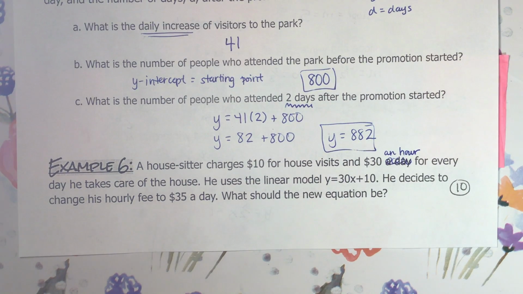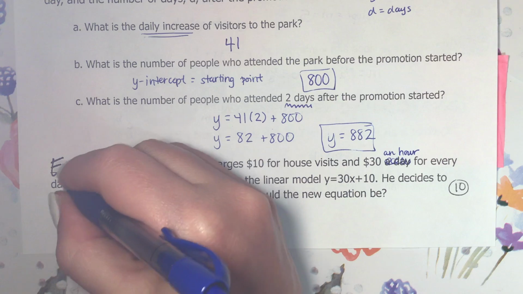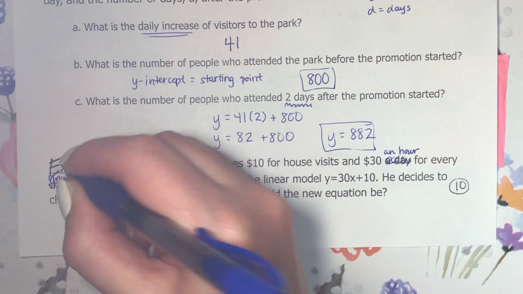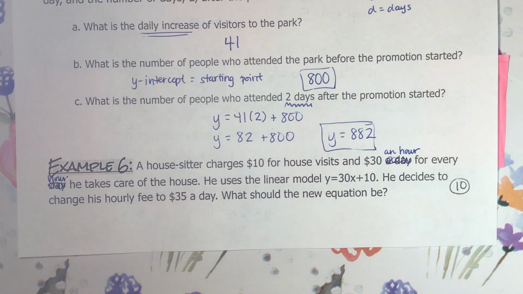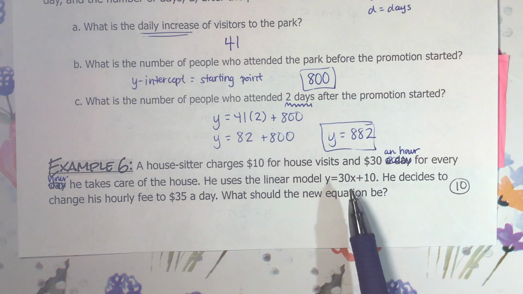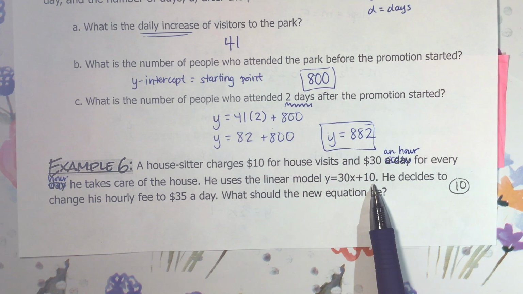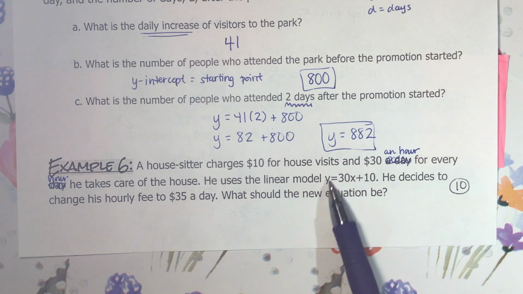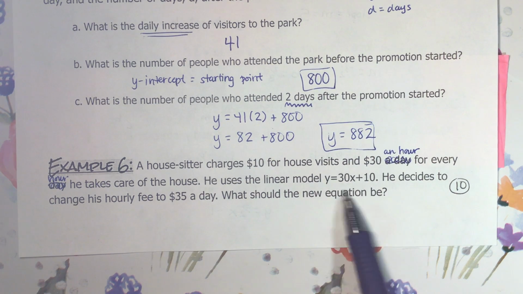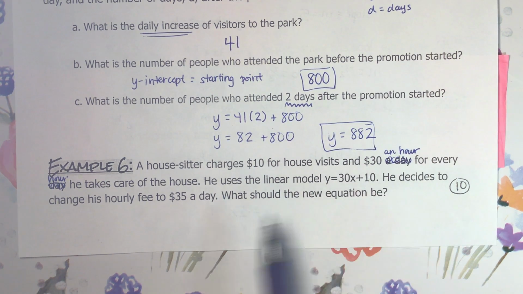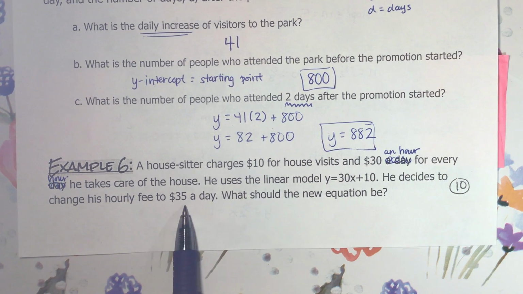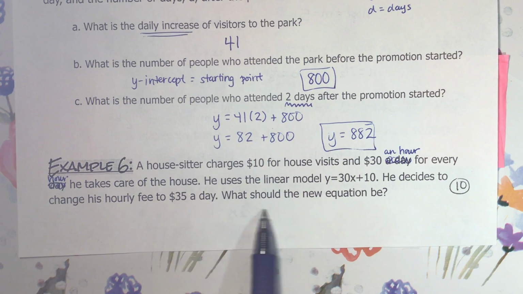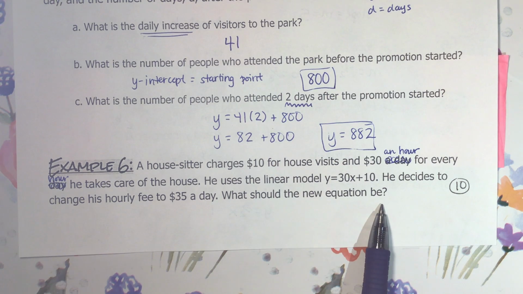For every day he takes care of the house, or for every hour he takes care of the house. He uses the linear model, y is equal to 30x plus 10. And this is going to tell him how expensive his service is. He decides to change his hourly fee to $35 a day. What should the new equation be?